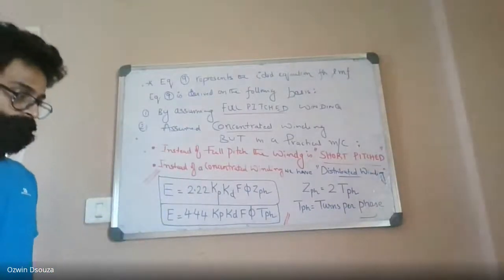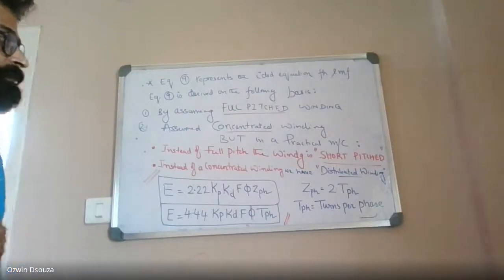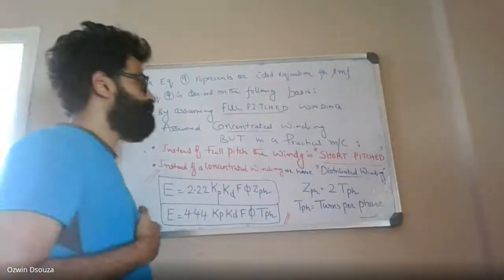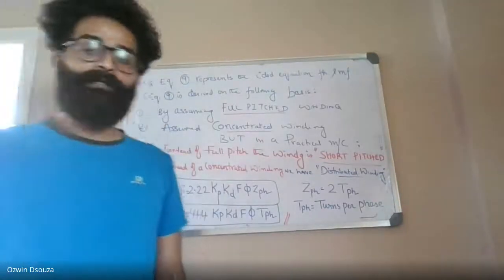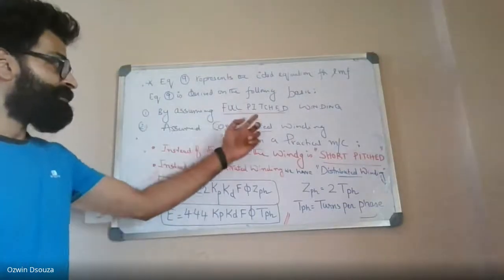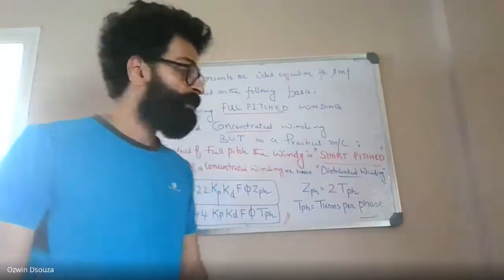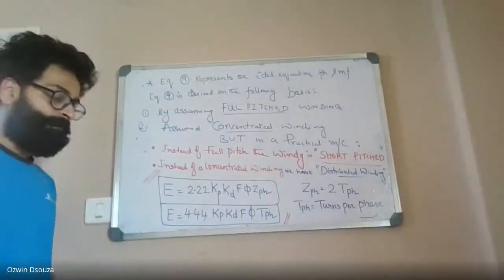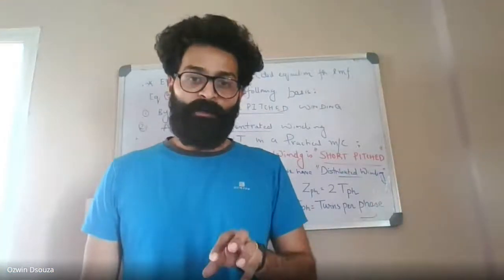After writing down the ideal equation, you have to talk about the practical alternator. In a practical alternator, winding is not full pitched. Instead, it is short pitched. And the conductors are not placed in one particular slot.